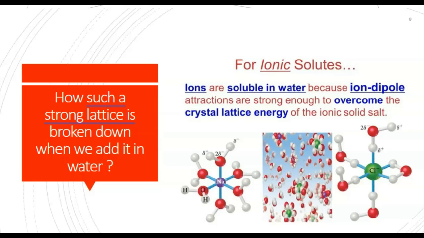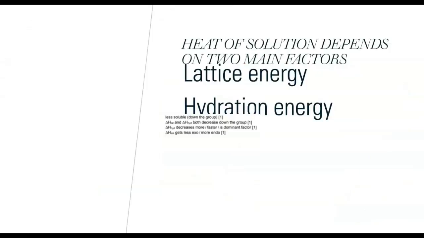To be soluble, the lattice must be broken down into ions, and the ions are surrounded by water molecules making ion-dipole interactions, releasing energy, which is called hydration energy. So if lattice energy is less than hydration energy, then the salt will be soluble.